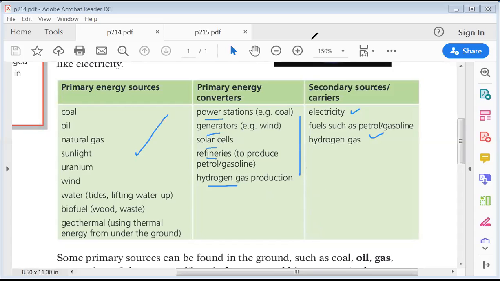Okay, so the summary of this lesson is that the primary energy sources are coal, oil, gas, and uranium. Secondary energy is electricity and fuels such as gasoline. Non-renewable sources will run out, but renewable sources will not.